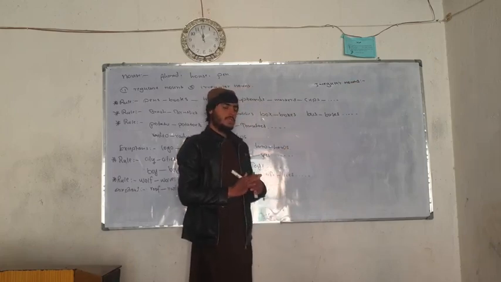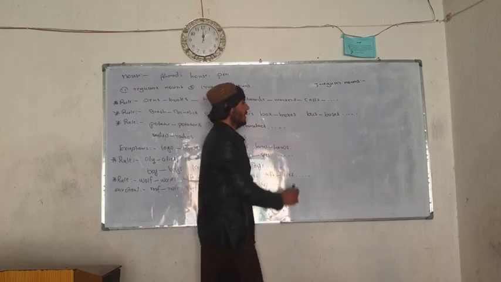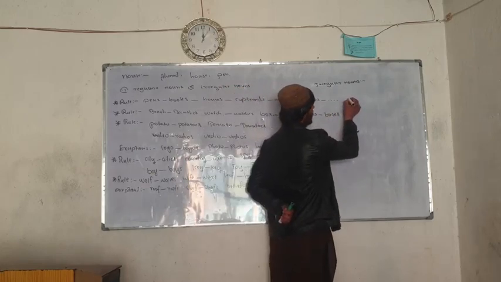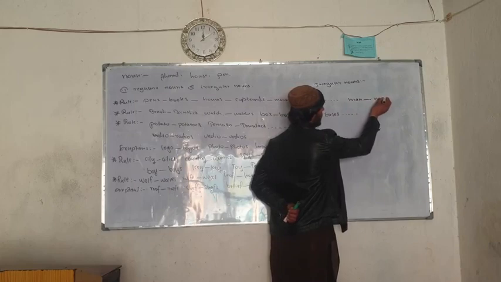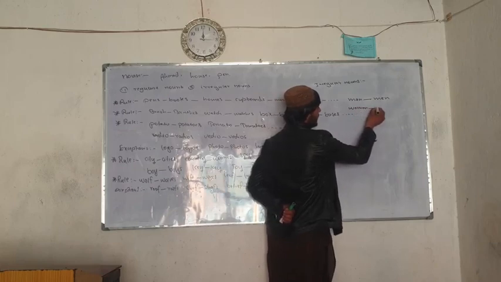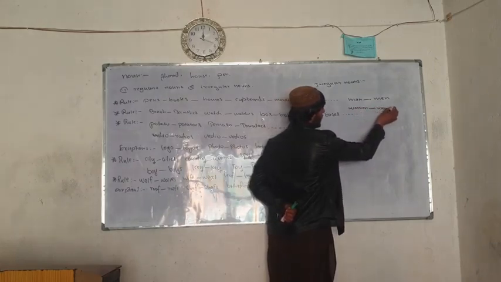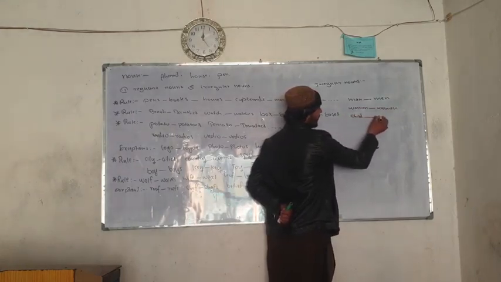When you want to change the singular form of the noun into the plural, the whole form of that noun is changed. For example, man is changed into men. And woman is changed into women. Child is changed into children.